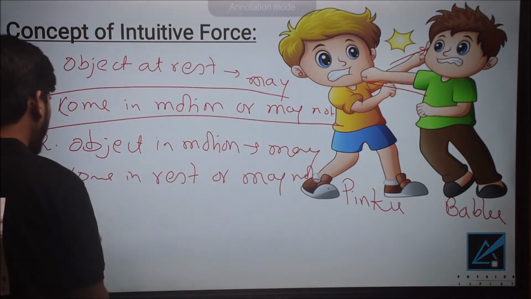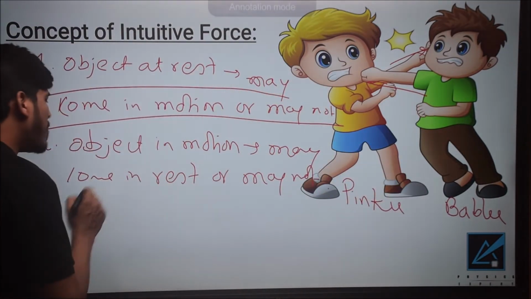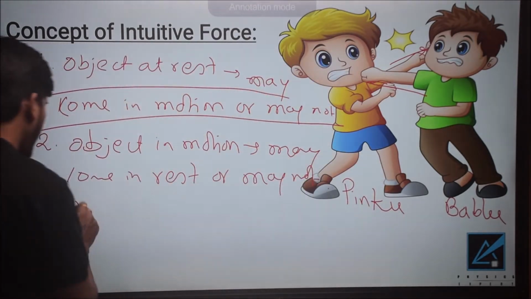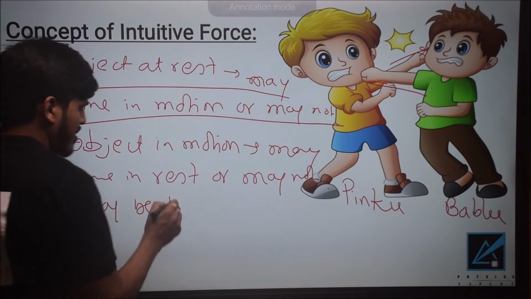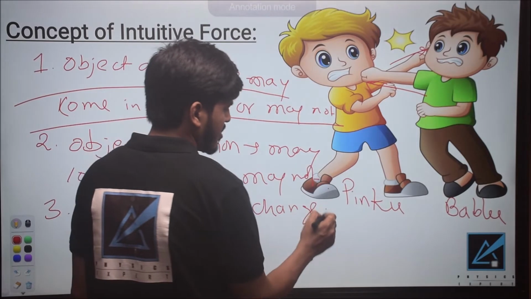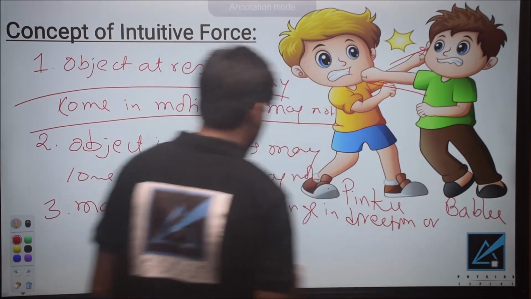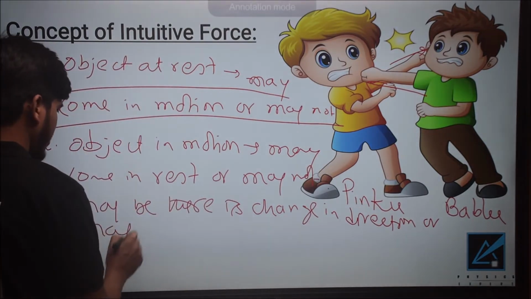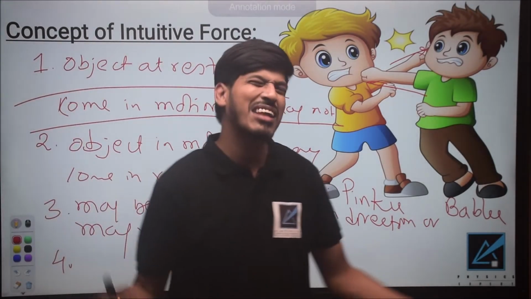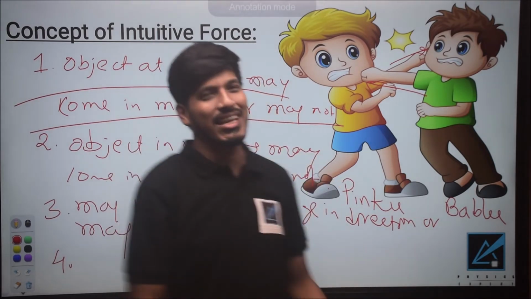Similarly, if the object is moving in a specific direction, maybe there is a change in direction or may not. And the last one is maybe there is a change in shape or may not. That is, 4 cases are there.